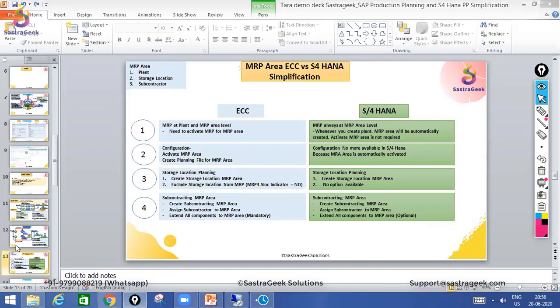Okay. See, when we are creating a material, you can extend that material to any number of locations. In many companies, there is a big store. Whenever a vendor is supplying a material, you store that material in that big store. Then whenever there is a requirement from the production line, you issue this material to that production line. You just transfer material from your location to that small location, and from that small location, production people start consuming it for the production order.